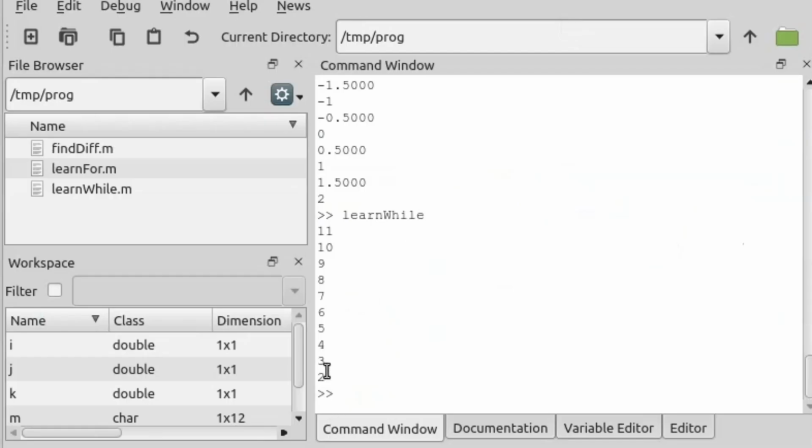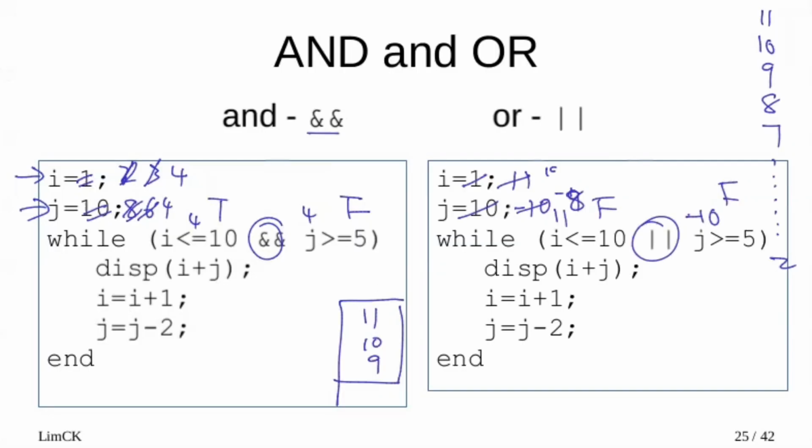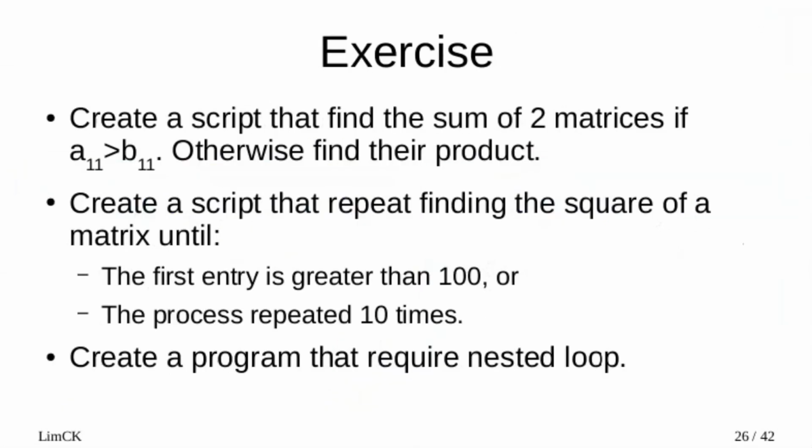So this is the while loop. We have a few exercises here. Please try, and then we will discuss it when we meet. Or you can raise your question when we meet, for discussion.